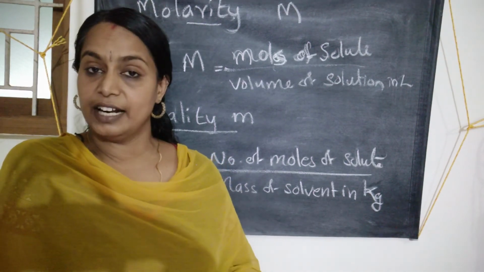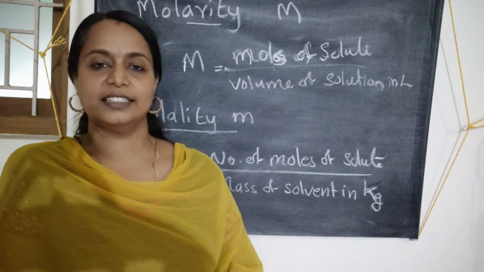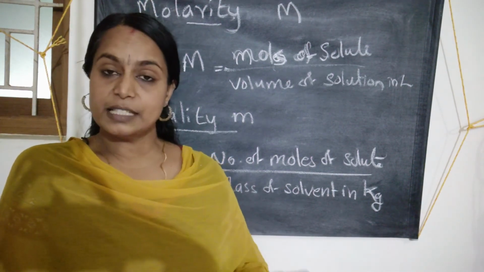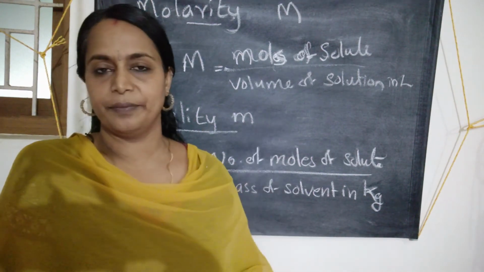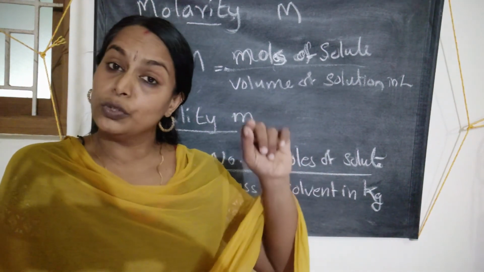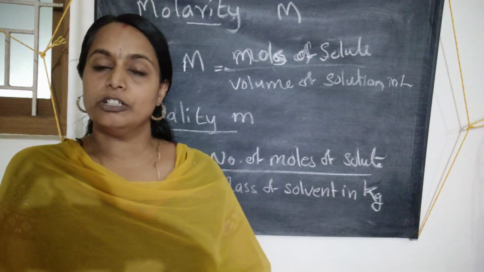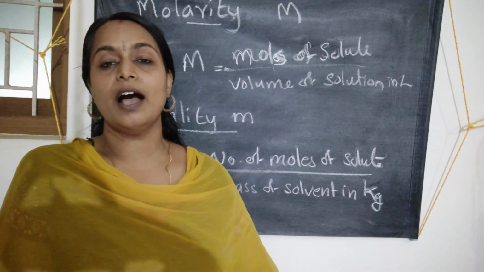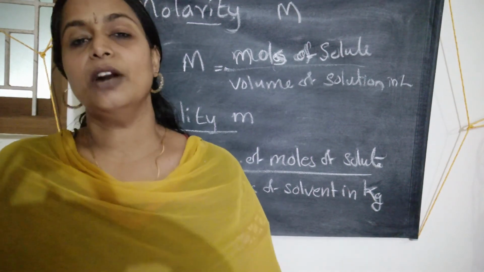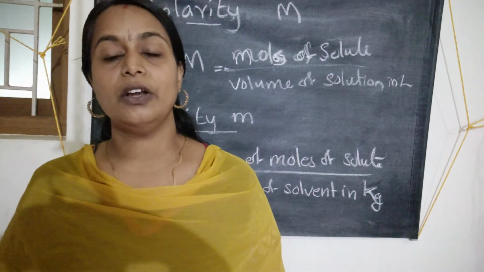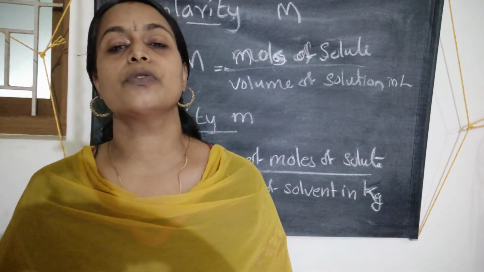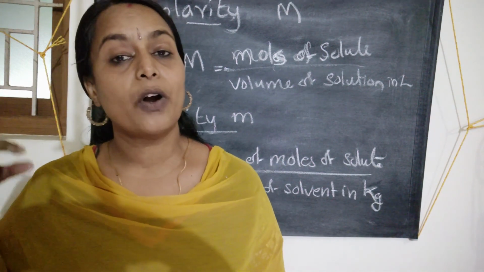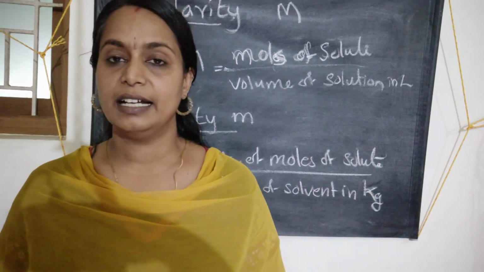So molarity is per liter of solution, molality is per kilogram of solvent. In 1 liter of solution, the number of moles of solute is the molarity. And in a kilogram of solvent, the moles of solute, അതാണ് അതിന്റെ മൊളാലിറ്റി ആവുക. ഓക്കെ, that is the difference.